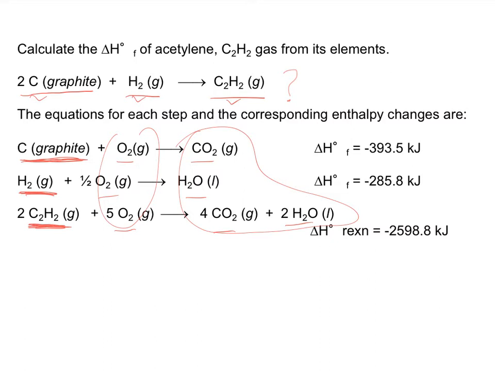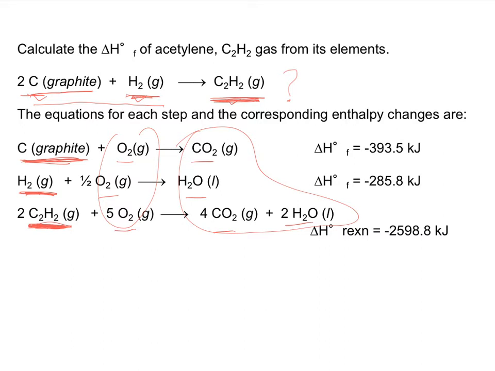But how? First, we see we have carbon and hydrogen on the left-hand side of these reactions, and carbon and hydrogen also on the left-hand side of the target reaction, but acetylene is on the right-hand side. In this reaction, acetylene, C2H2, is on the left-hand side.